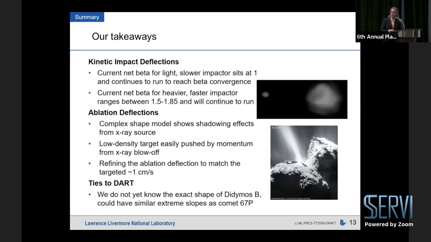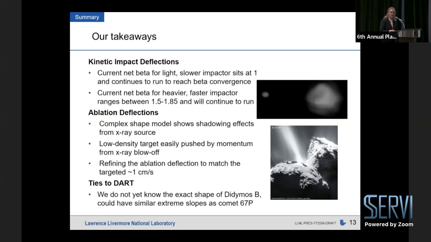For our ablation deflections, the complex shape of Comet 67P shows shadowing effects from the X-ray source. The low density of the small body object makes it easily pushed from the momentum of the X-ray blow-off. And we are currently refining the ablation deflection to match the gentle deflection of 1 centimeter per second.